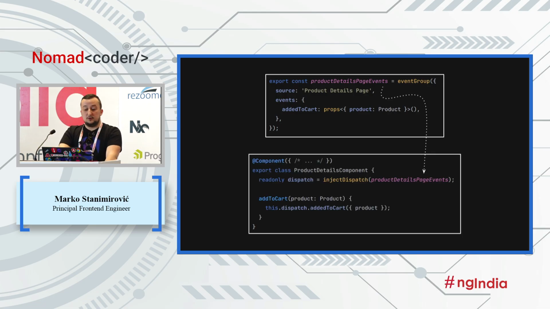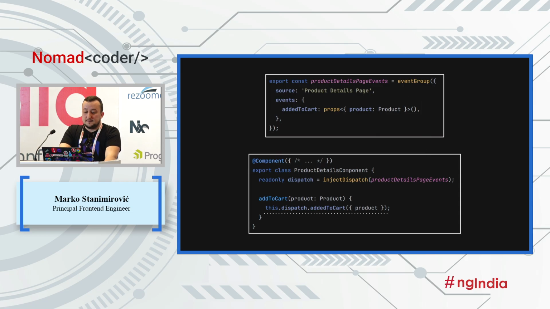So now to dispatch our events, we can inject the dispatcher and dispatch them by using dispatcher directly, or there will be actually a utility function called injectDispatch that creates self-dispatchable actions. So we provide a dictionary of events as an input argument, and then as a result we will get self-dispatchable actions, but now we will call them events, actually.